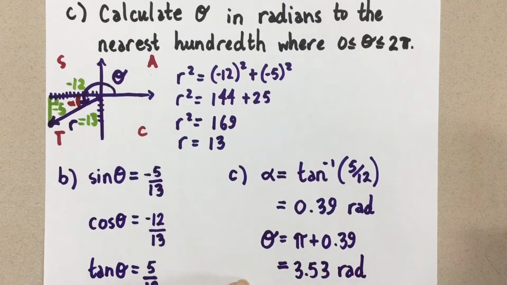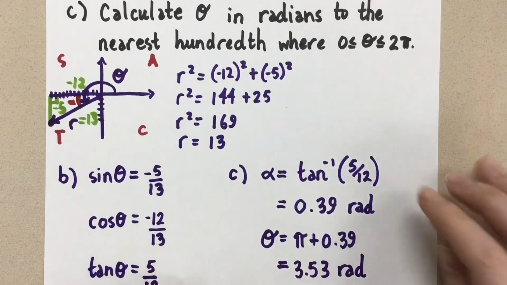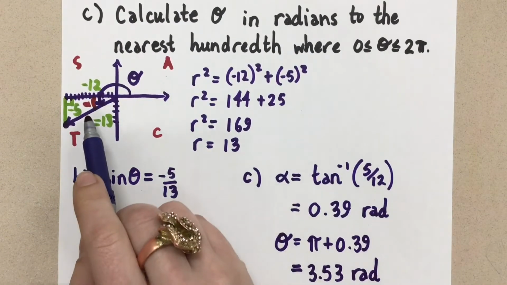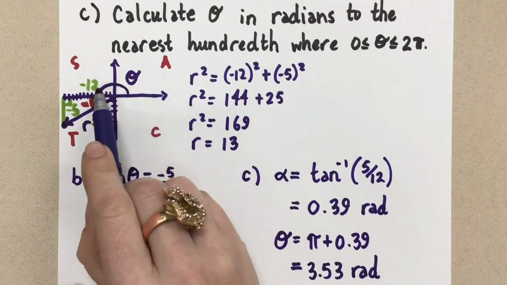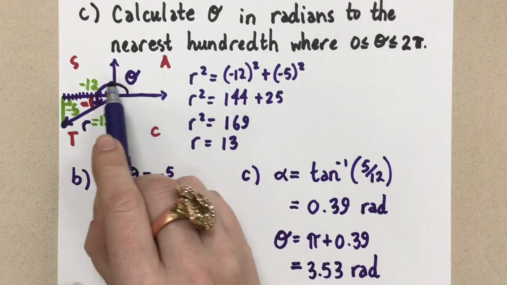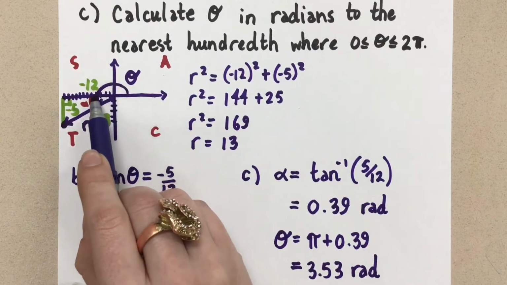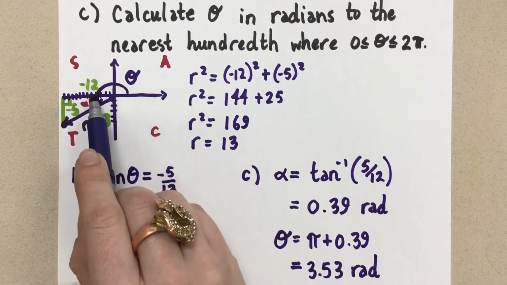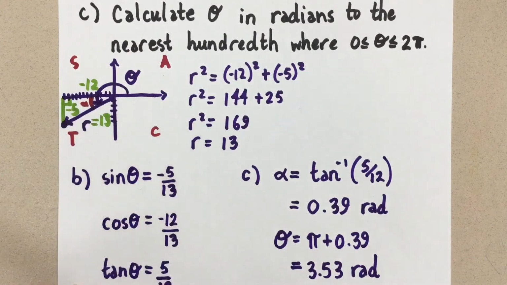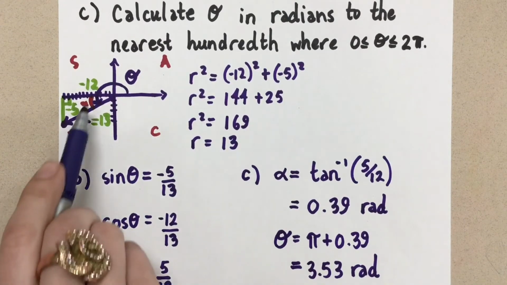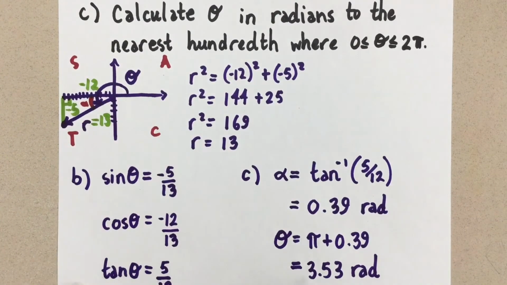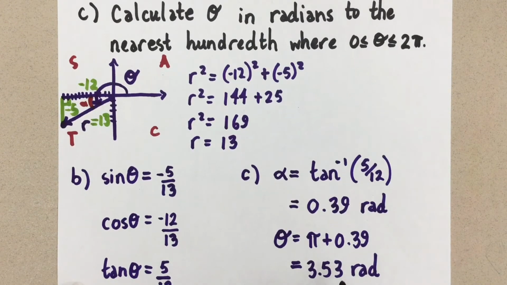Again, we've rounded that to the nearest hundredth. So let's think about this now. This angle is just past the pi mark on the Cartesian plane. Remember that half the circle is pi radians, that's 3.14 radians. So if we're just past, the 3.53 radians makes sense. So that's a logical answer.